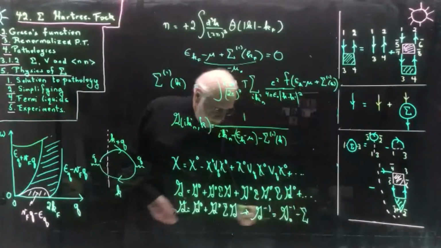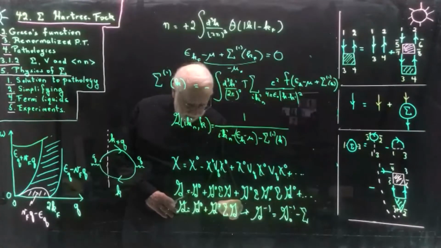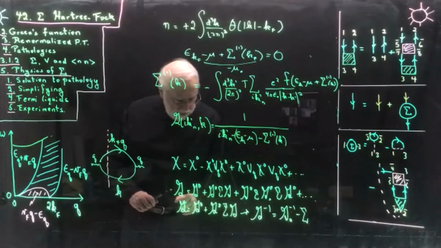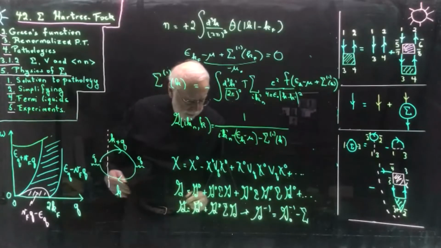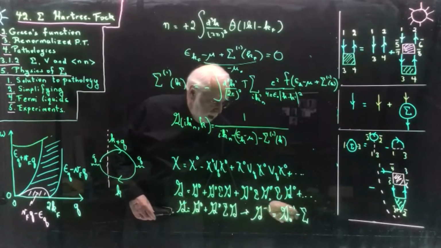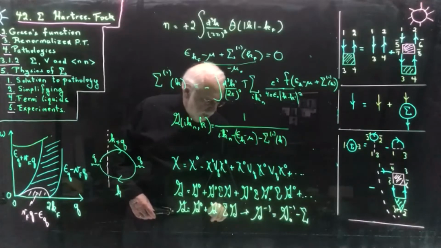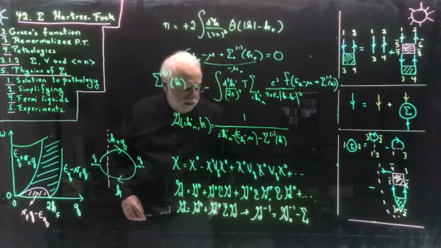And you just need to put the sigma on the left and then realize that if you multiply by G0 minus 1, you get rid of this G0 minus 1, and on the right hand side you get 1, so this is G minus 1.